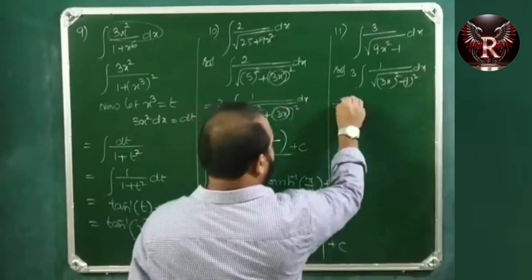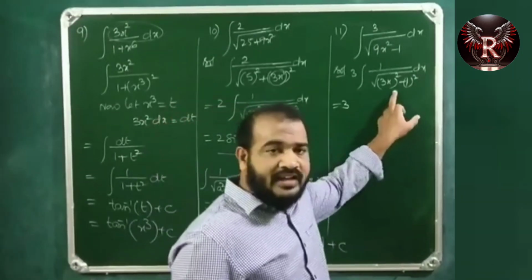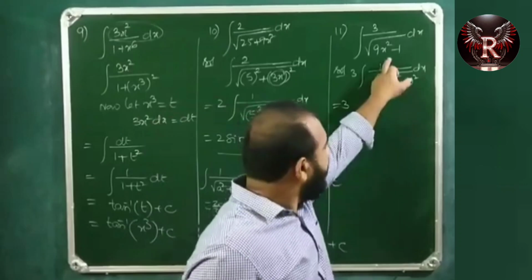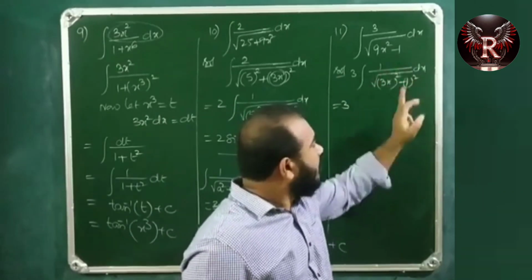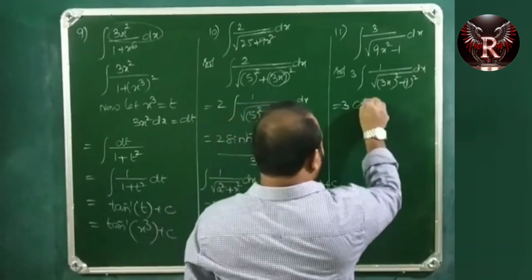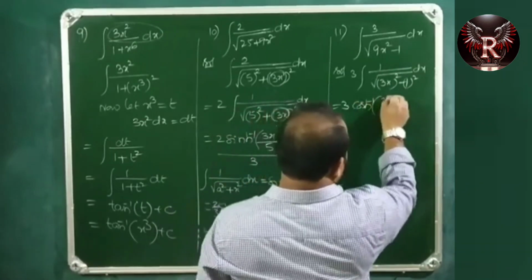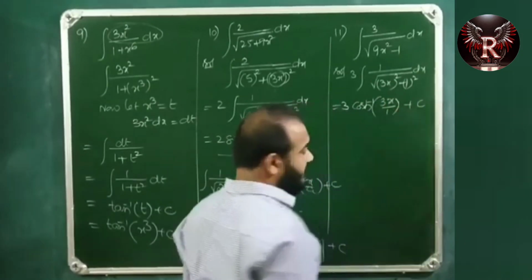Now let us take 3x to be x. So the integral of 1 by root of x square minus a square dx is cos h inverse x by a. Therefore this is cos h inverse x by a, so 3x by 1, plus the constant of integration c.